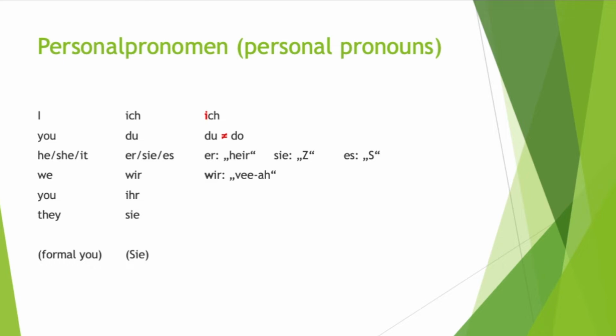Wir. Ihr rhymes with wir. It's exactly the same sound, but you just omit the V sound at the beginning, ihr. Also, it sounds like the body part if you pronounce it in British English, so ear. And then there's Sie again, which is like the last letter in the alphabet.